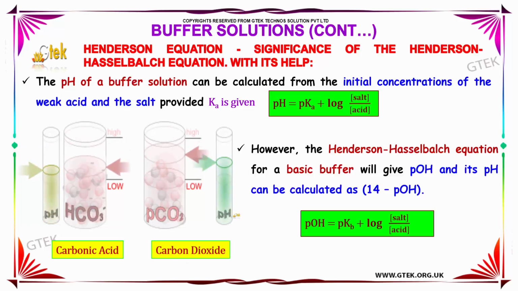The pH of the buffer solution can be calculated from the initial concentrations of the weak acid and the salt, provided Ka is given, as pH equals pKa plus log salt by acid.